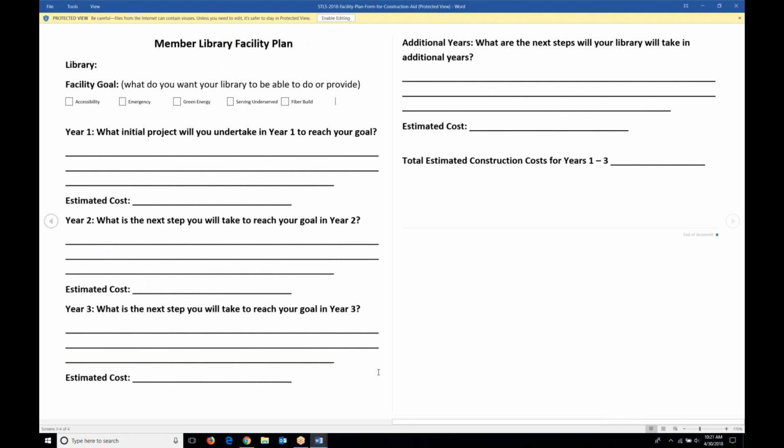They can be a facility goal that will just improve the usability of space without being funded through construction aid. Sometimes you have to weed in order to make your children's space, right? You can't just do the construction. There are other parts involved. This document is intended to surface that planning that goes into construction and other facilities use.